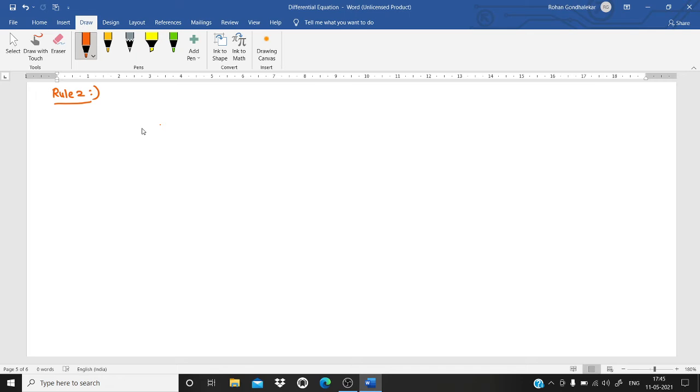It's again simple and similar to the rule 1, but a small change is there. If a differential equation m dx plus n dy is equal to 0 can be expressed as x into f1 of x comma y dx plus y into f2 of x comma y dy is equal to 0.